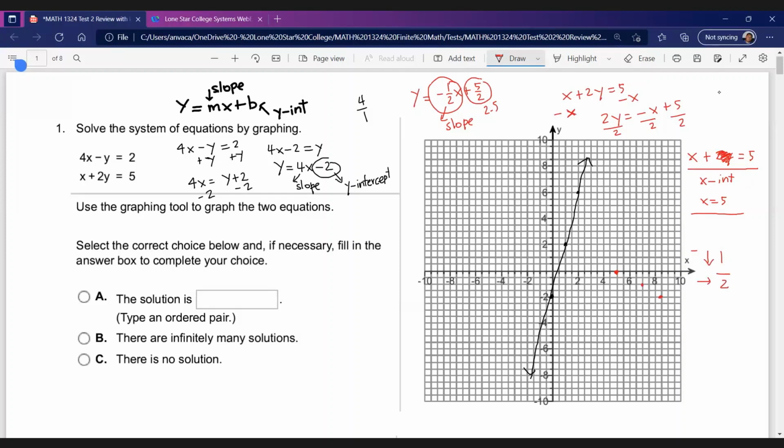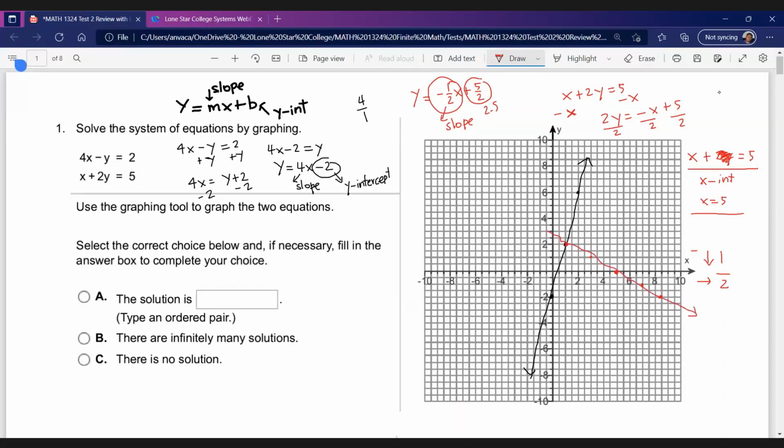And let's see if I can trace my steps back. So that will be up 1 over 2. So this will put it here. Up 1 over 2. The reason why I did that is because I was looking for an intersection point. So this is actually pretty difficult to do now.